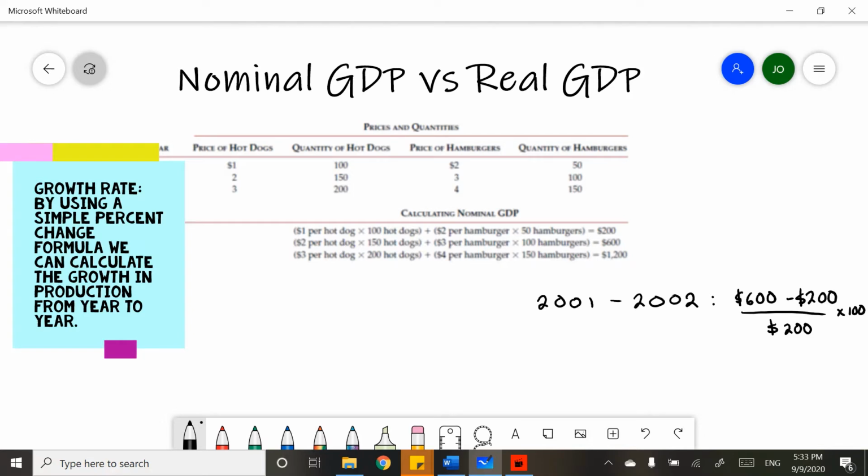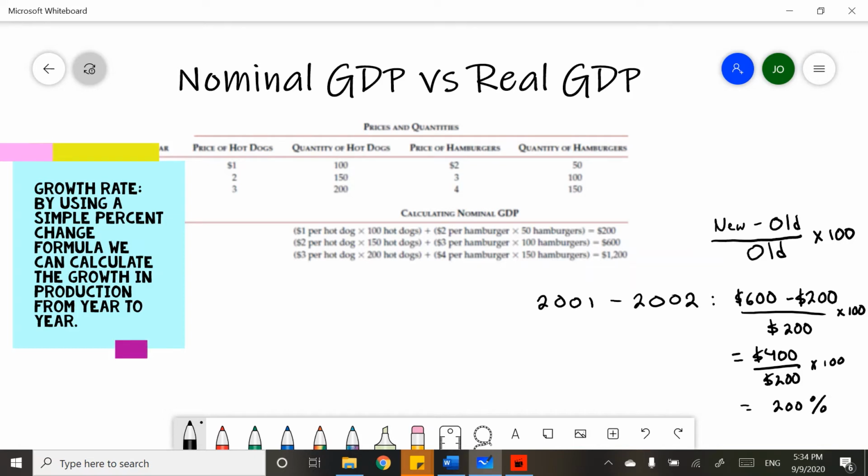Remember, the percent change formula abbreviated is the new value minus the old value divided by the old value times 100. So this equals 400 divided by $200 times 100 equals 200%.